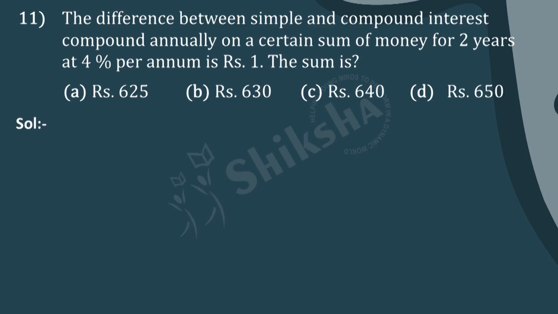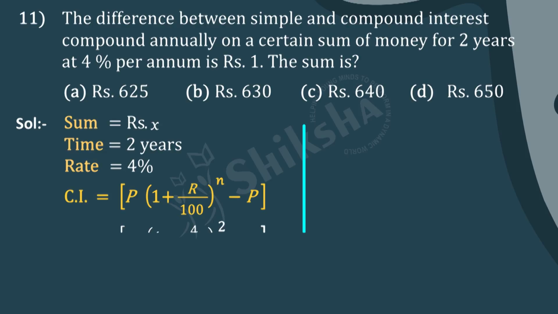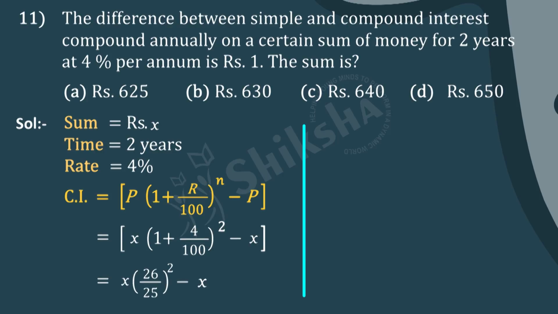Let the sum equal rupees X, time is given, that is 2 years, and rate is 4%. So we have the formula of compound interest, that is CI equals P into (1 plus R by 100) to the power n minus P. Putting in the values, we get X into (1 plus 4 by 100) to the power 2 minus X. Solving the bracket, we get X into (26 by 25) to the power 2 minus X, that is 676x divided by 625 minus x.